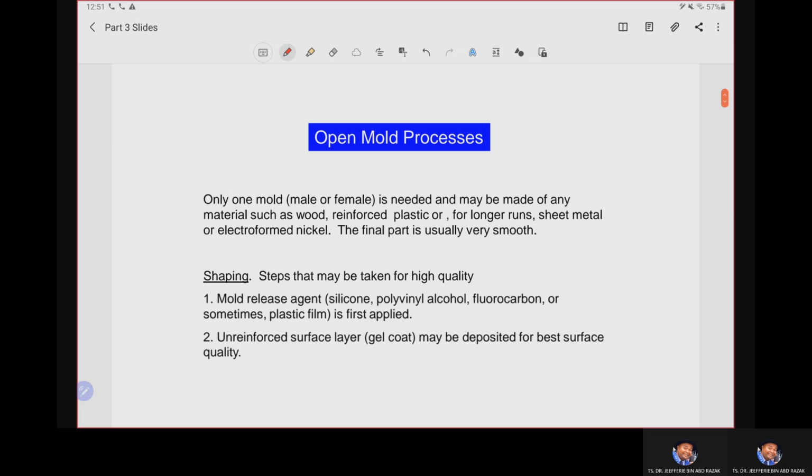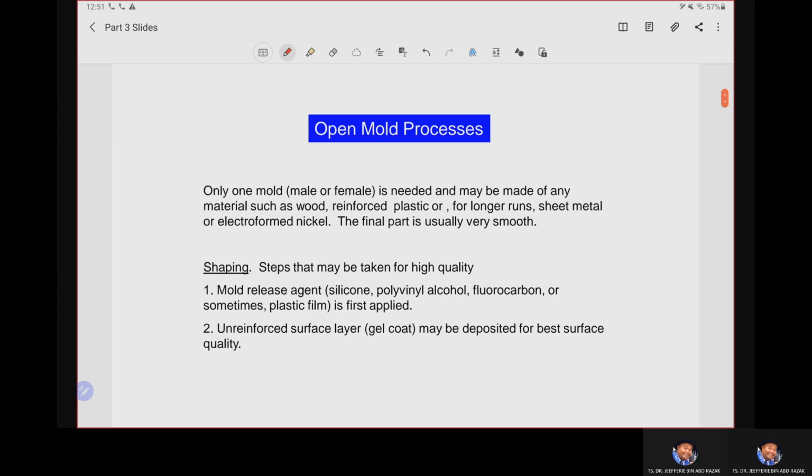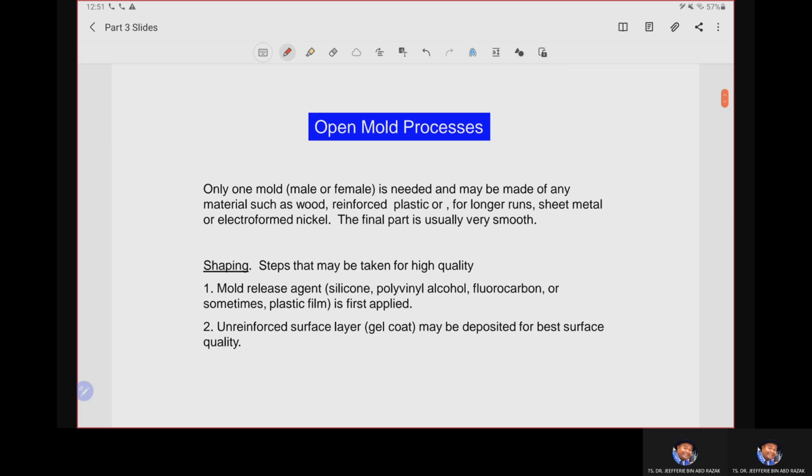For this slide, a general view about the open mold process: basically only one mold part, either the male mold part or the female mold part, is required for executing the open mold process. Maybe we can call it the pattern we need for our product.